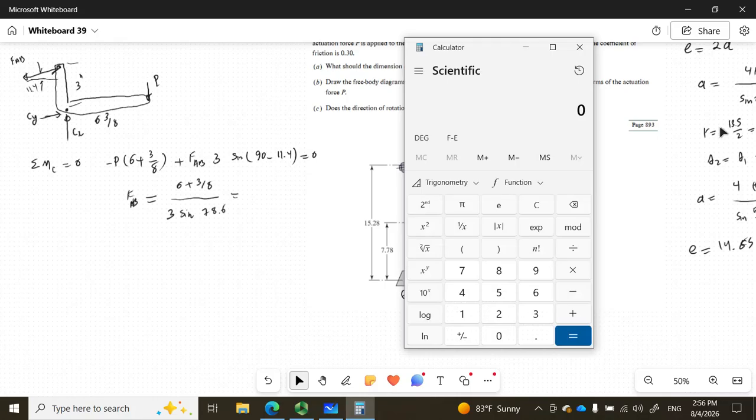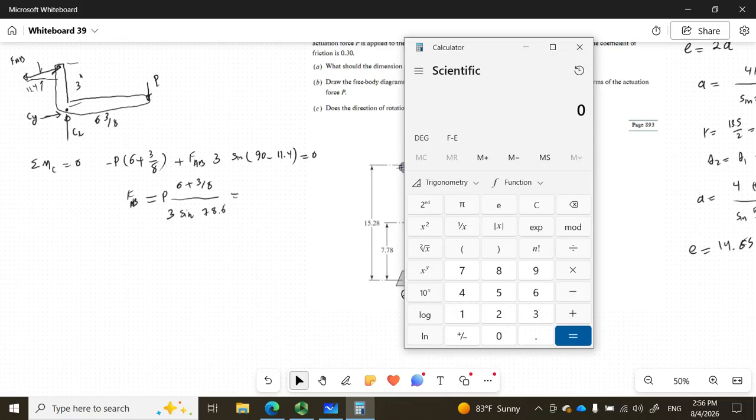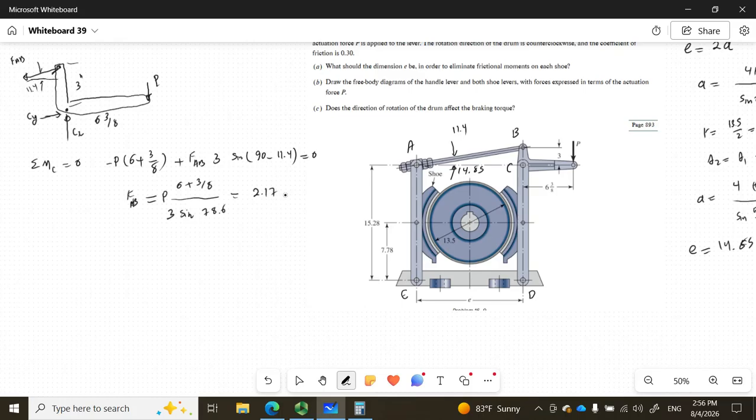This, by the way, is going to be in terms of P. So 6 plus 3/8 divided by 3, and then divided by sine of 78.6. Alright, 2.17. So 2.17 times P is FAB.